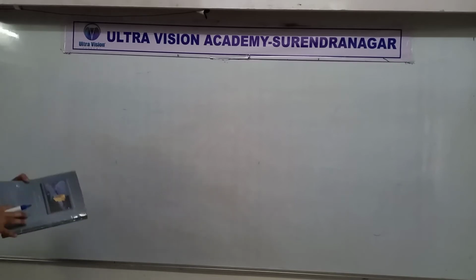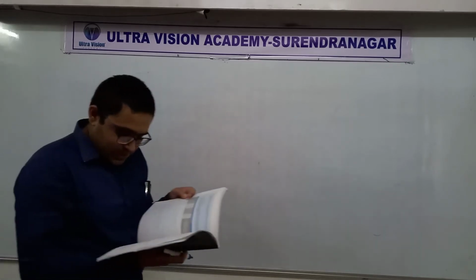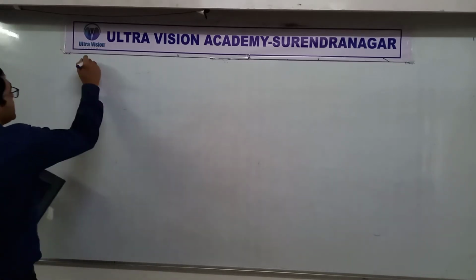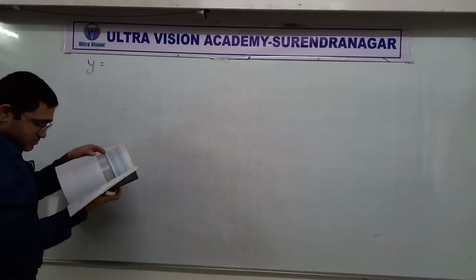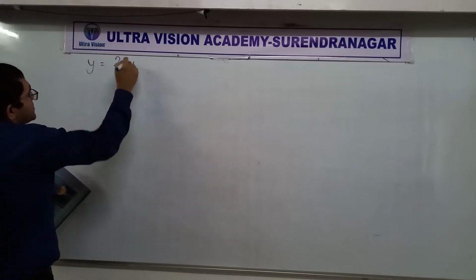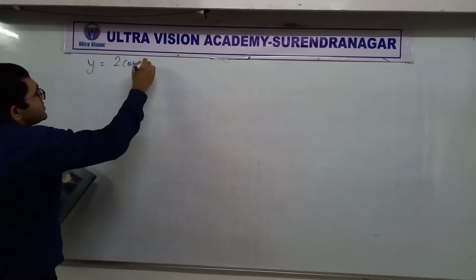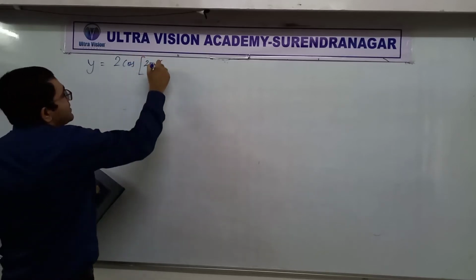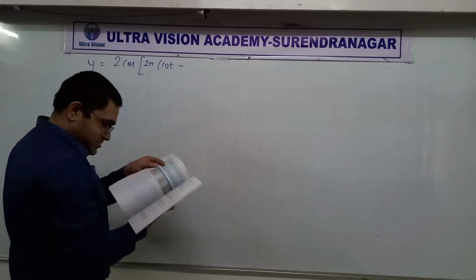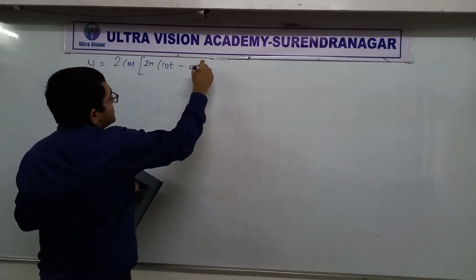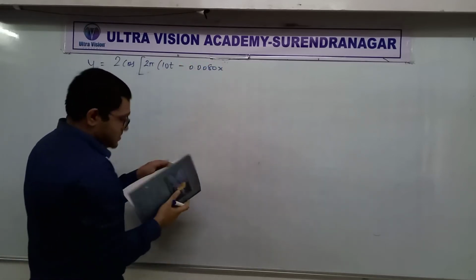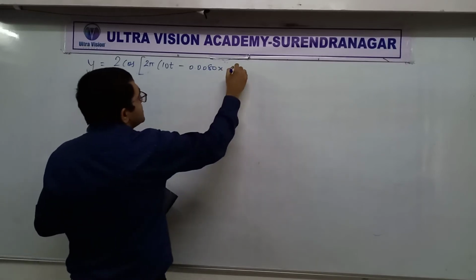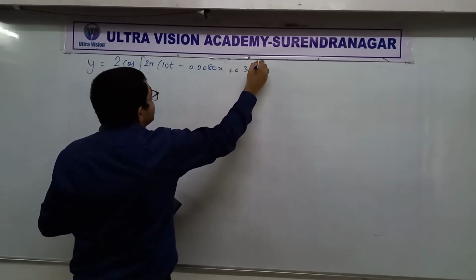So, for a traveling simple harmonic wave, which is given, y equals 2 cos 2 pi (nt minus 0.0080x plus 0.35).